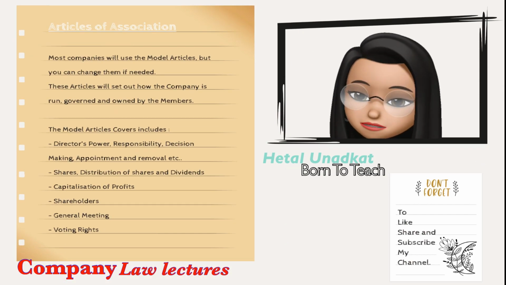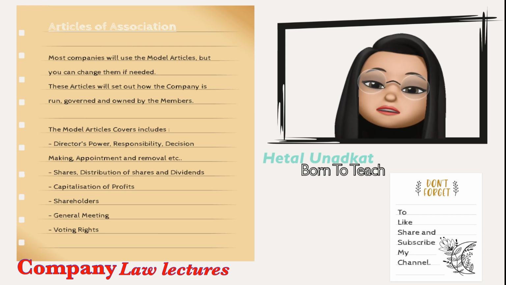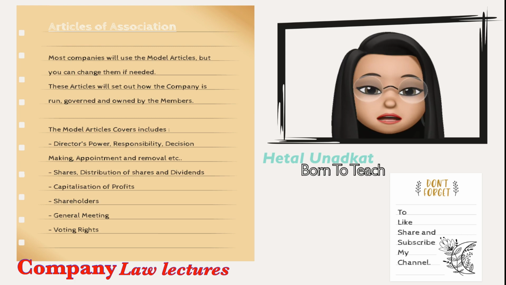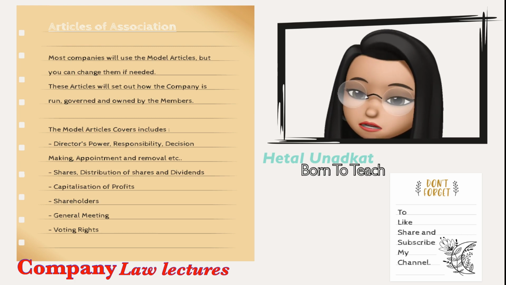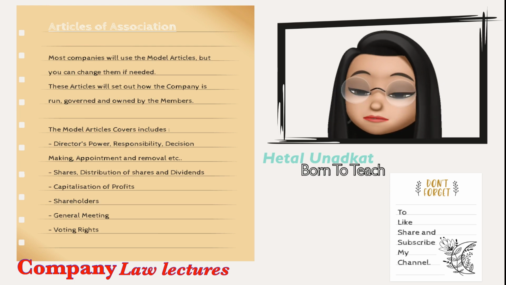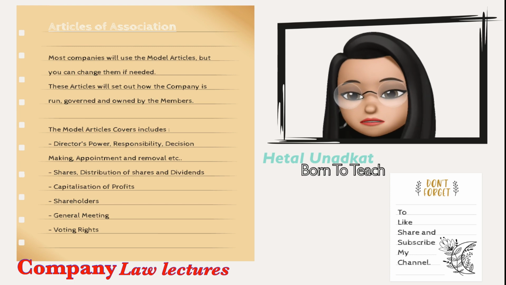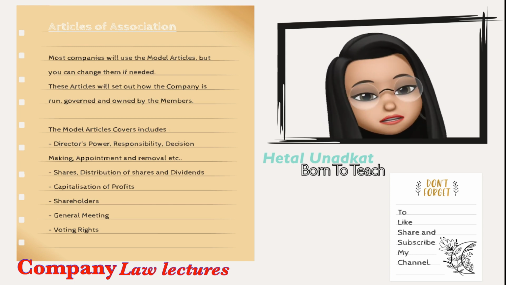So that was our Memorandum of Association. Now we are going to the Articles of Association, AOA. These documents must be prepared by all companies. There is a model for the Articles of Association. Generally companies use that specified model, but if a company wants to change it, it can.